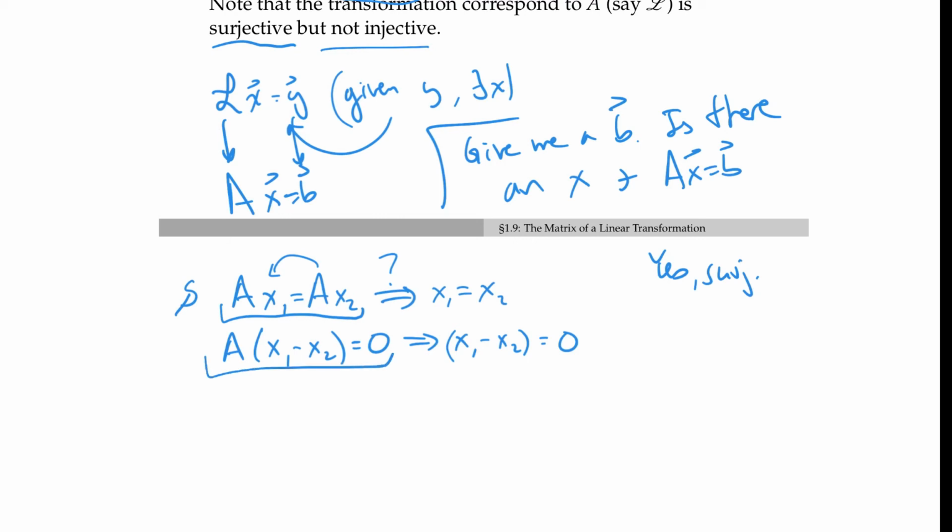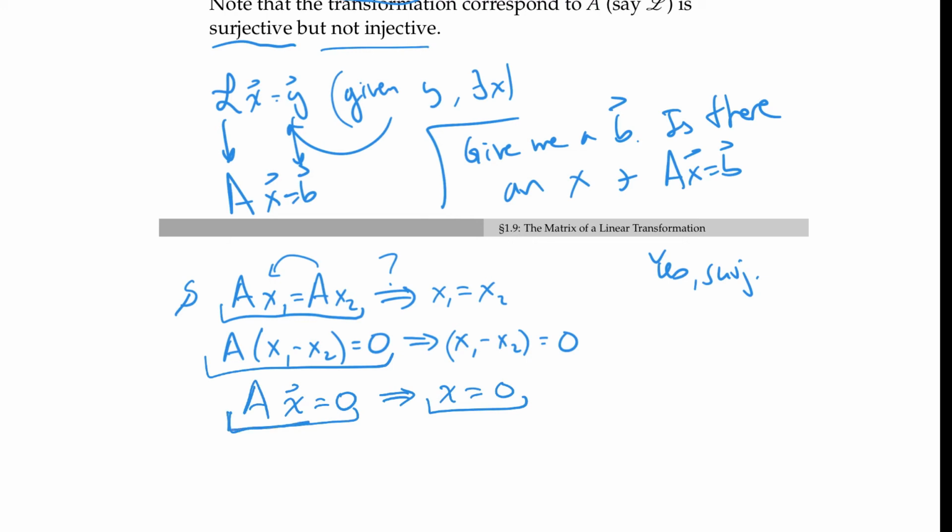Well, what is this saying? This is saying that I have a vector, let's just call it x for the sake of argument, that solves the homogeneous equation. Now, if that happens to be the only one that does it, then I'm injective. So let me say that again.